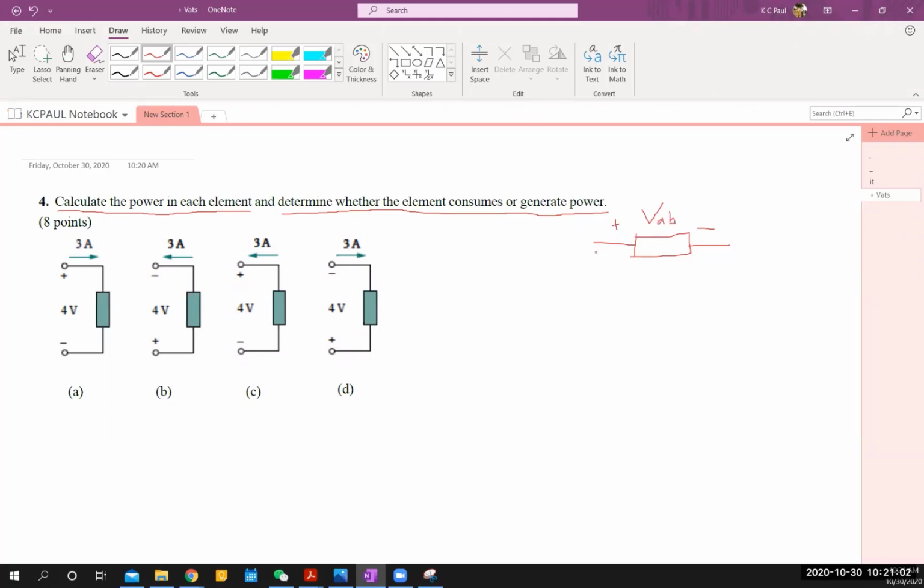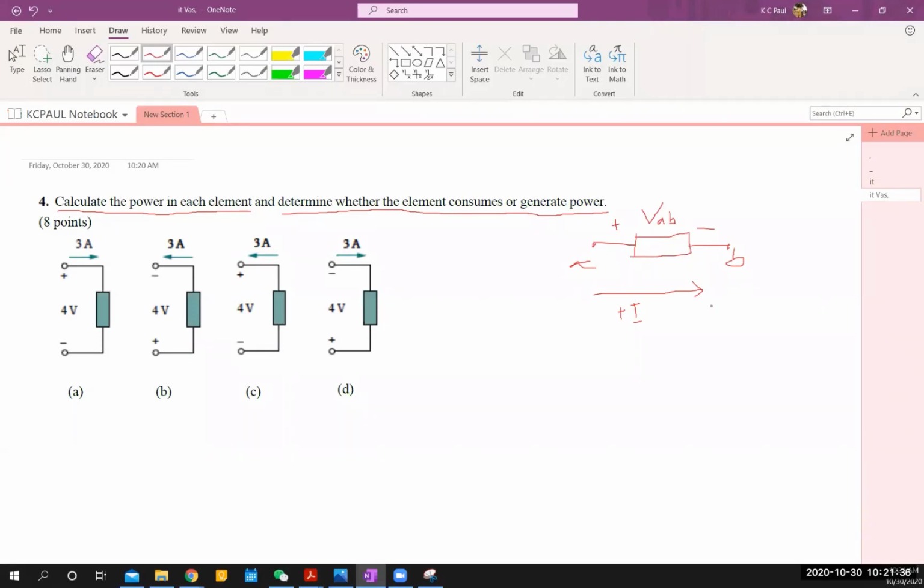So this is terminal A and this is terminal B. We always expect that current is flowing from this side, so this is a positive current. The voltage here is positive if terminal A has higher potential than B, and current is flowing from terminal A to terminal B.